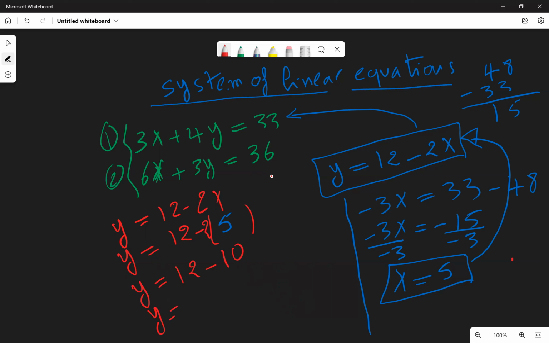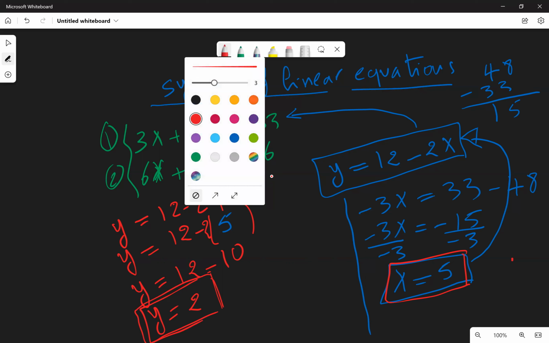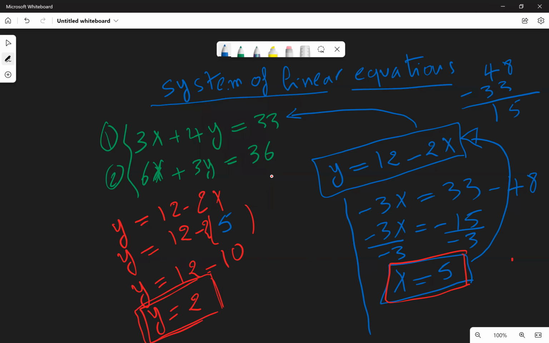And then y equals 12 minus 10, that's a 2. So now x equals 5, and y equals 2. So again, I'm just gonna write the pair x and y, which is (5, 2), is the solution to this system of linear equations.